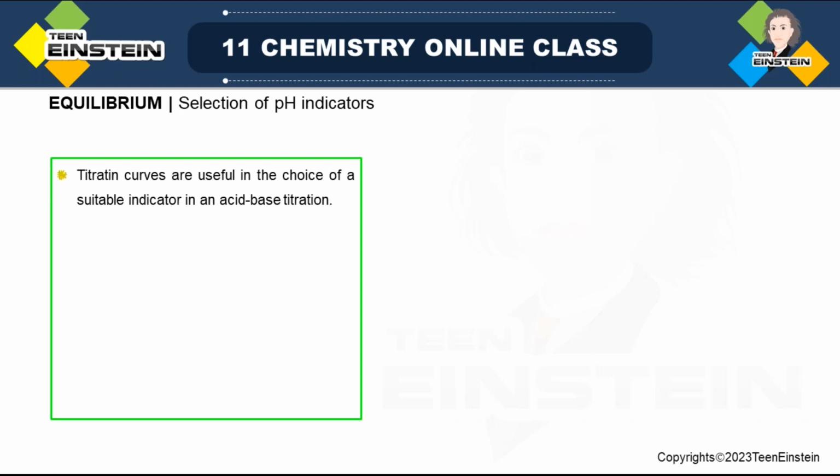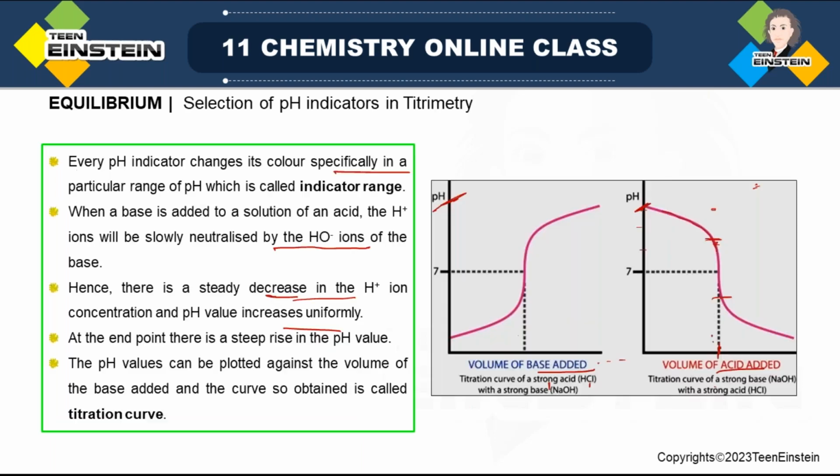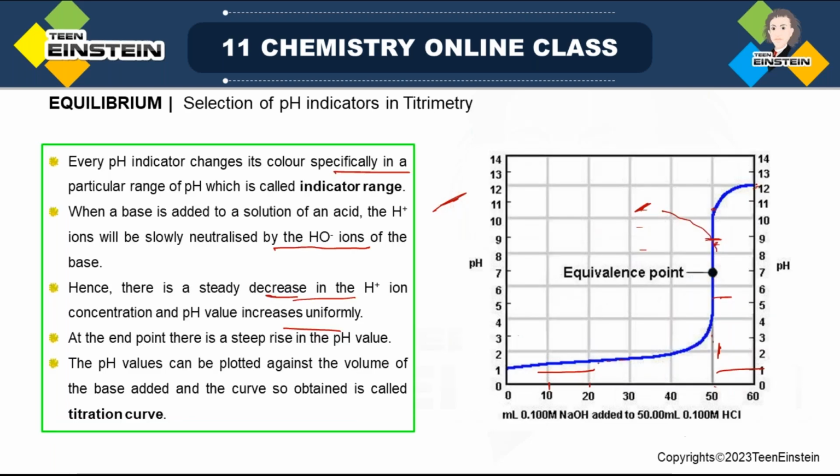So in the previous case, we have seen it is changing around, once more if we see, it is changing around this value, 3 to 4 around end. Okay. So this should be the pH range in which the indicator is changing its color.